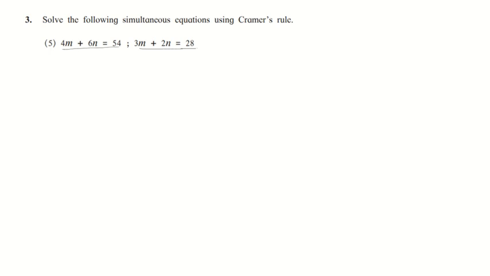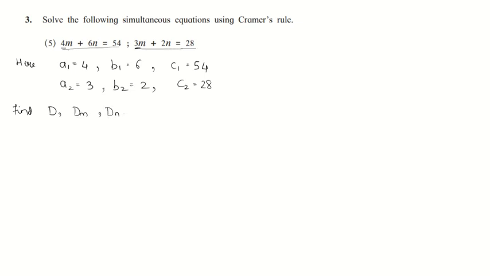As these are in standard form, ax plus by equal to c, we will write down the values of a1, a2, b1, b2 and c1, c2. a1 is 4 from the first equation, b1 is 6, c1 is 54. a2 is 3 from the second equation, b2 is 2 and c2 is 28. We need to find D, Dm and Dn here, not Dx and Dy.